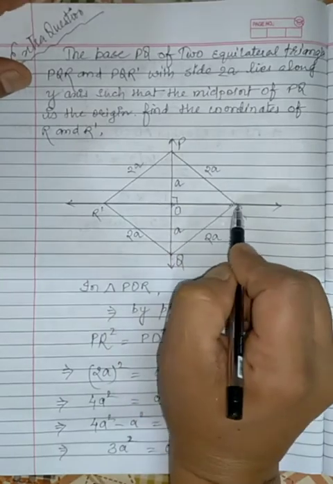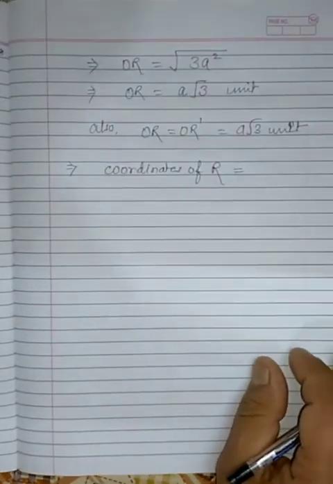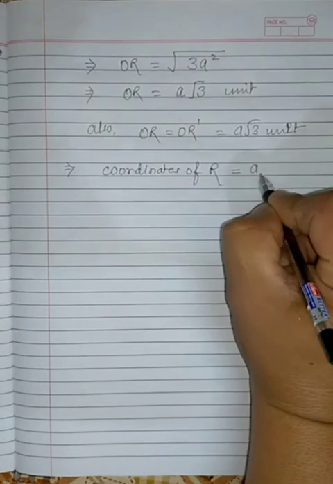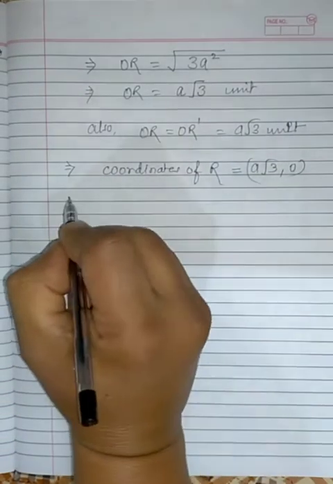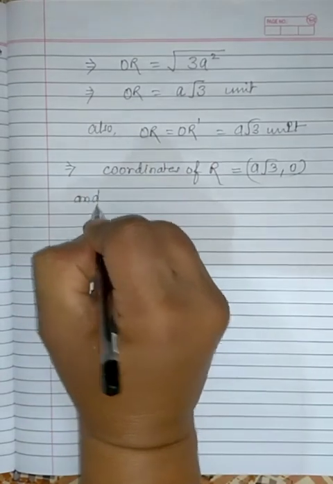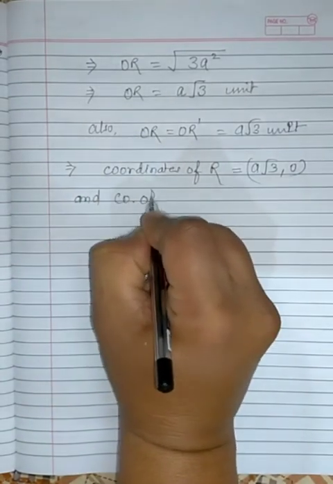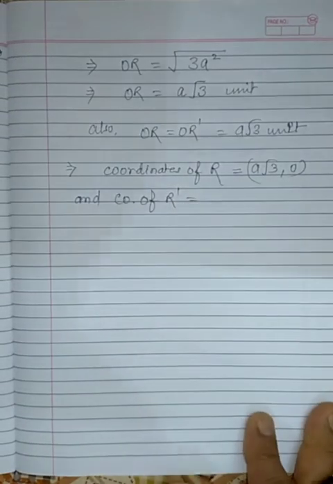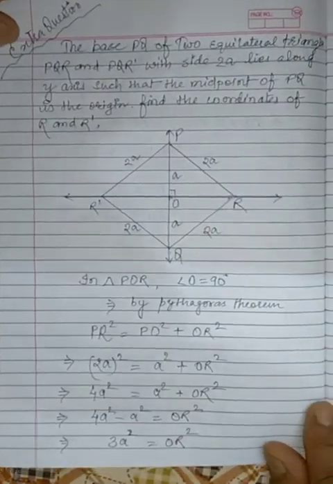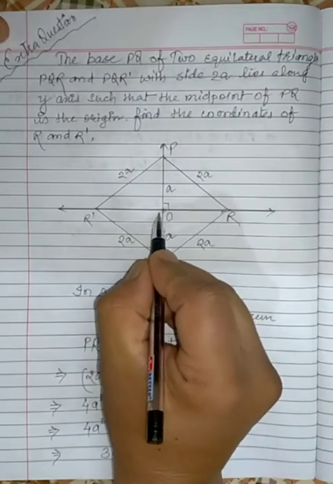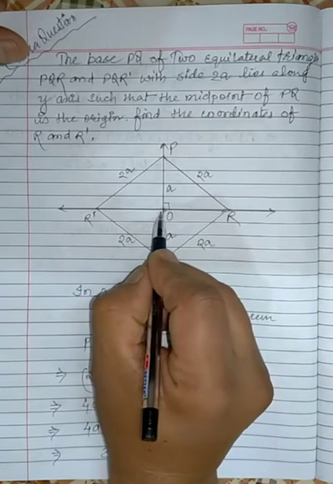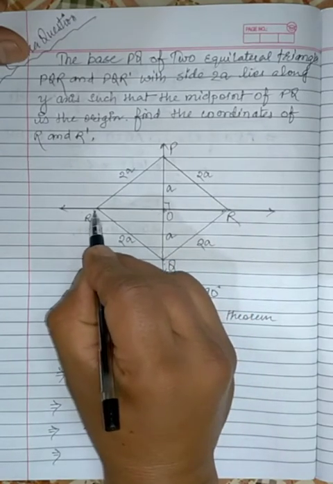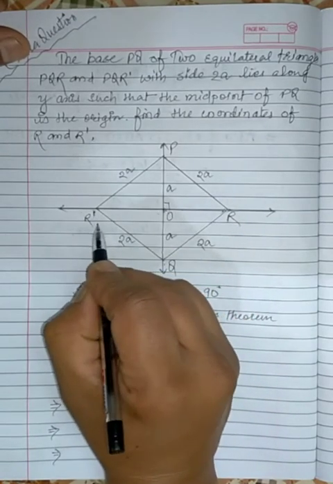So the coordinate of R can be written as A under root 3 comma 0, and coordinates of R dash. Now R dash is the point which is on the negative side of x-axis. So the coordinates of R dash will be equal to minus A root 3 comma 0.